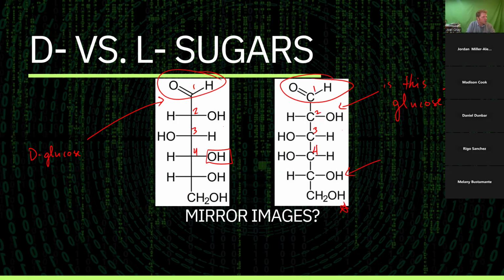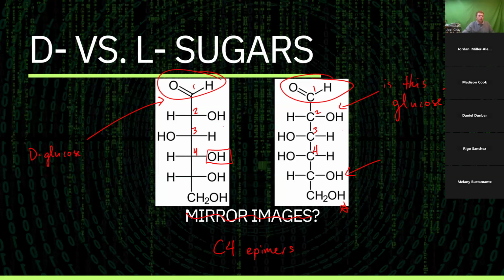Okay, so would you agree with me that a way to distinguish between these two molecules is looking at carbon number four? Add a Y or an N to the chat. Great. These are what are known as, well, they are not mirror images, so no, cross that out. These are what are known as C4 epimers.